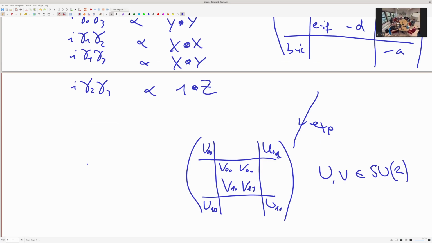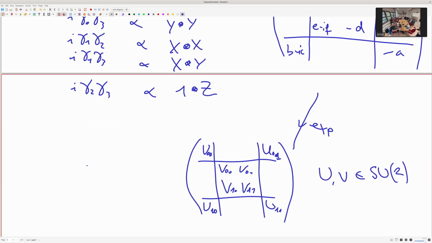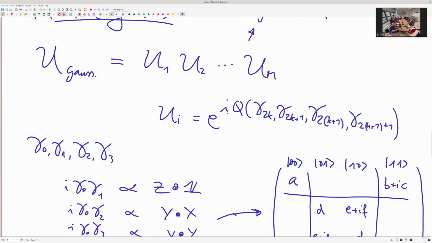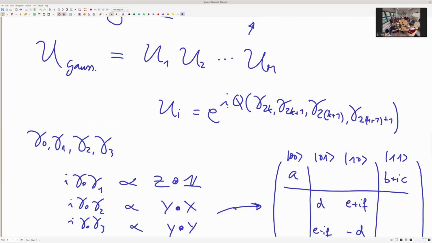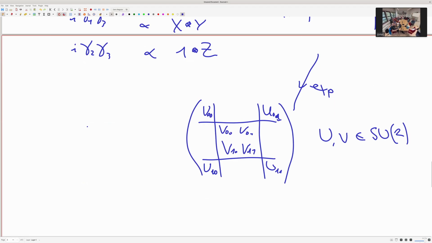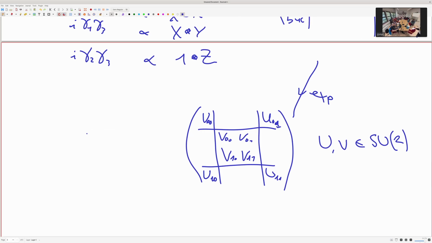So in conclusion, all Gaussian unitaries, when written as qubit operators, are the group of all possible products of nearest neighbor gates, where each individual gate must have this form, a 2-qubit gate of this form, which is some kind of specific subset of 2-qubit gates.